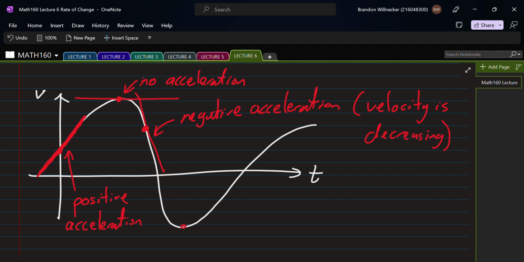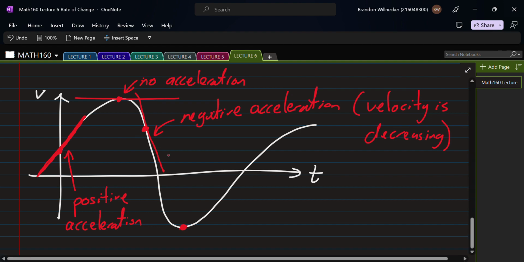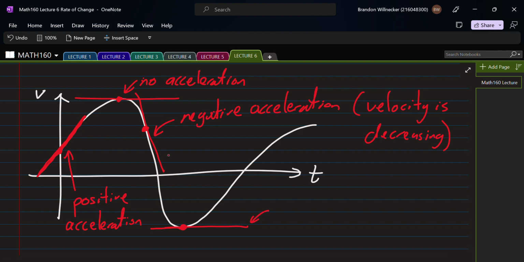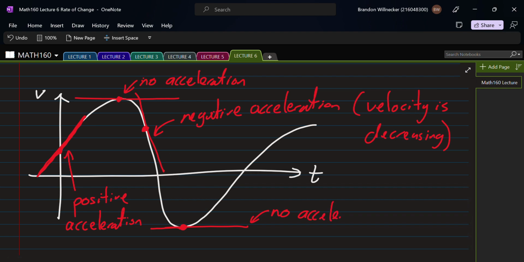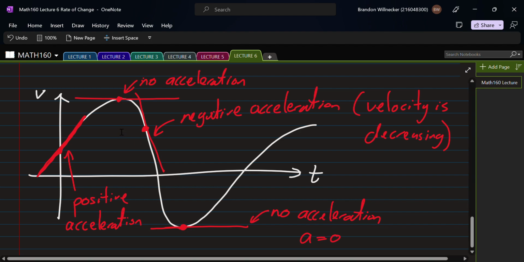And then at the bottom here, the last point we're going to be looking at, there is no acceleration, a equals 0. But here the velocity is negative. Okay, so in the previous case where we had no acceleration, the velocity was positive because we're in the top part. Here we're in the bottom negative part.